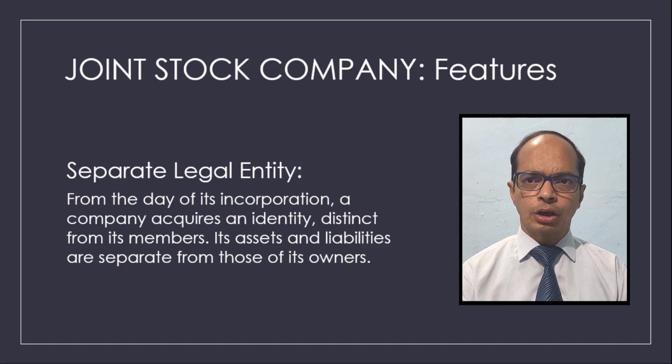Means joint stock company has distinct entity from its members. Assets and liabilities of the members are not related to the company. And in the same manner, assets and liabilities of the company are not related to the shareholders. Both of these have separate entities.